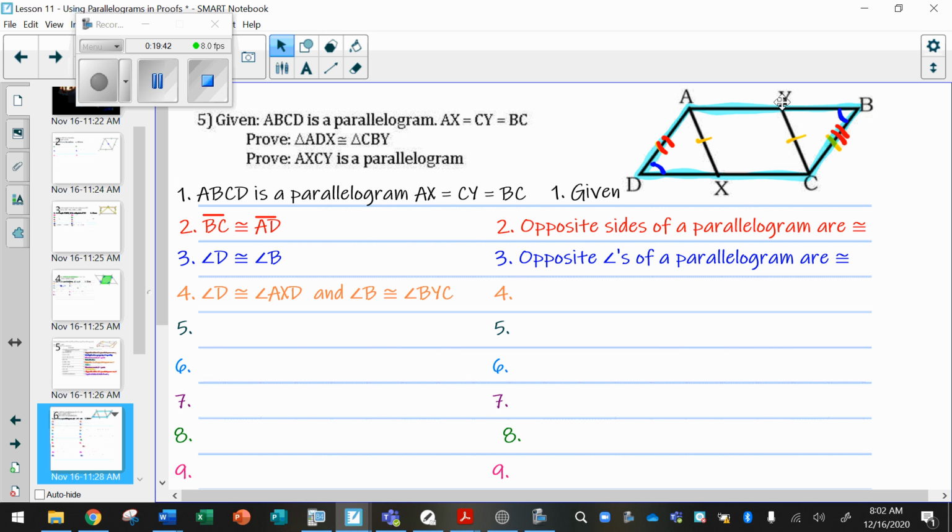So if side YC is congruent to side BC, that means this is an isosceles triangle. If two sides of a triangle are congruent, then the opposite angles of that triangle are also congruent. So that's the isosceles triangle theorem.